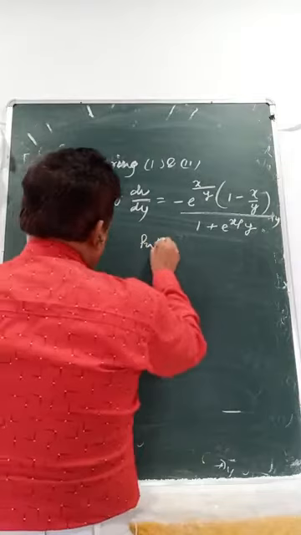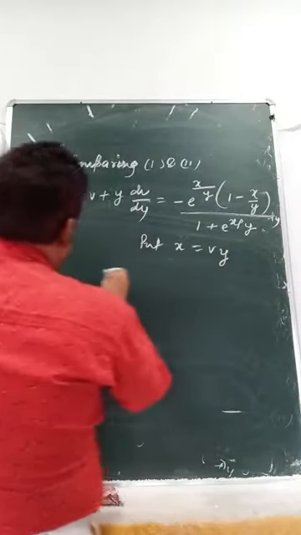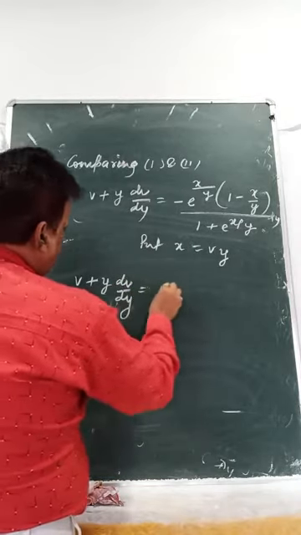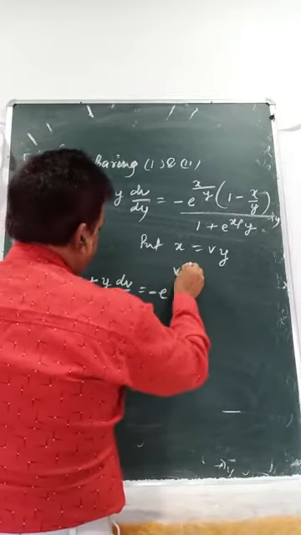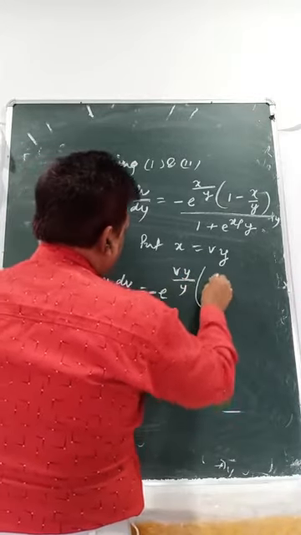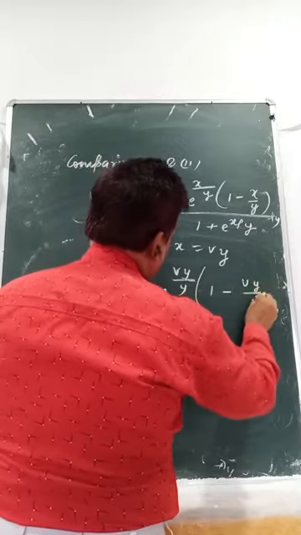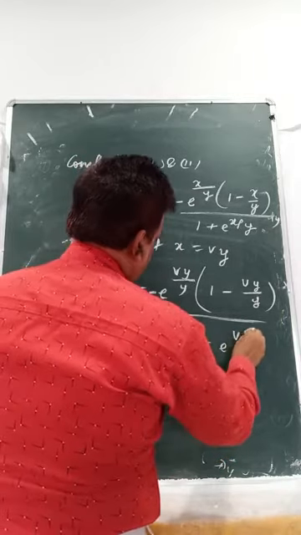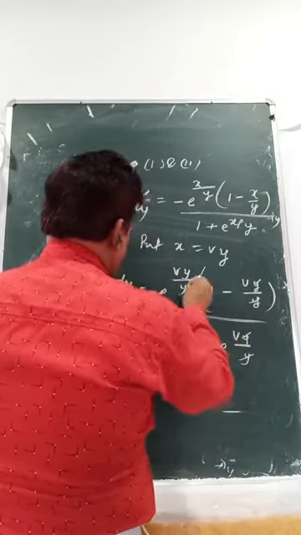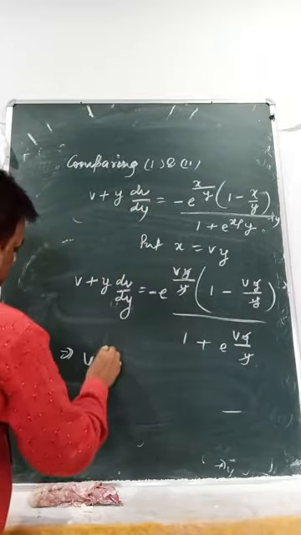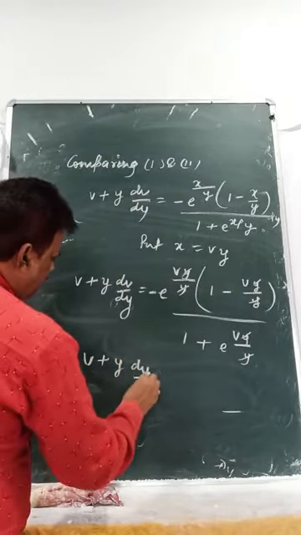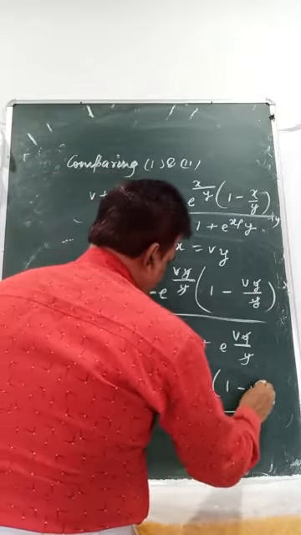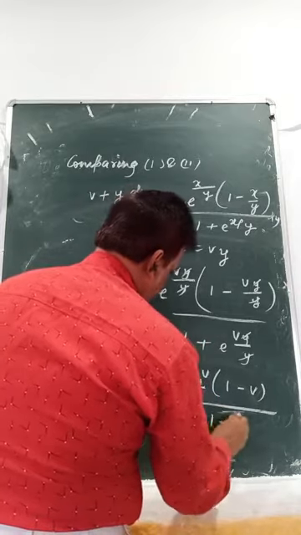So v plus y dv by dy equals e to the power vy by y, 1 minus vy by y, divided by 1 plus vy by y, which implies v plus y dv by dy equals e to the power v, 1 minus v, by 1 plus e to the power v.